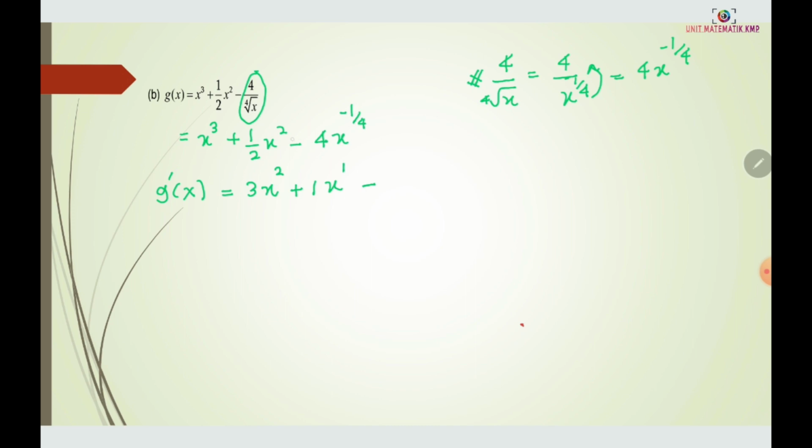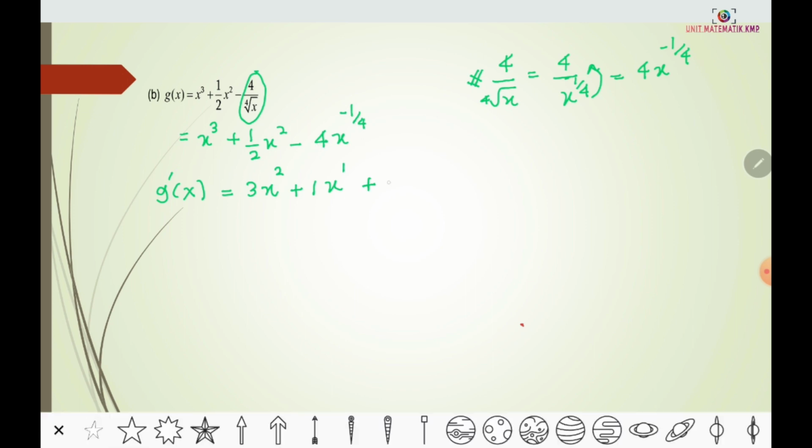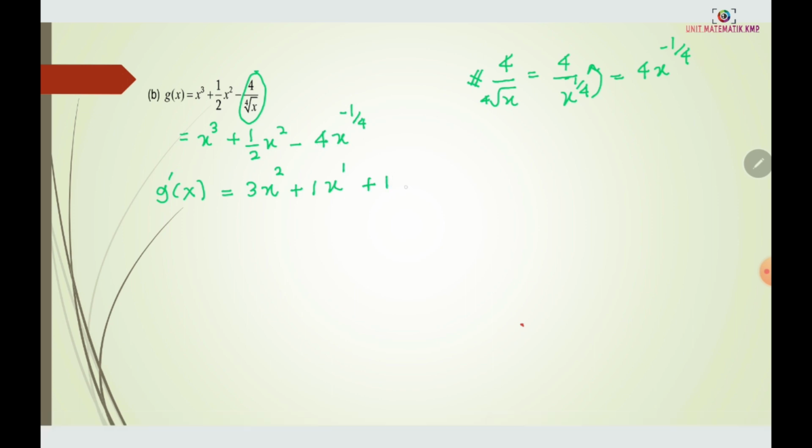It becomes positive because here is minus times minus, so it becomes positive. 4 times 1 over 4 becomes 1, and then x power of negative 1 over 4 minus 1.